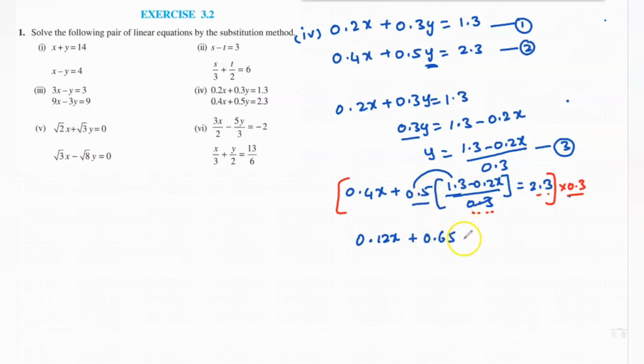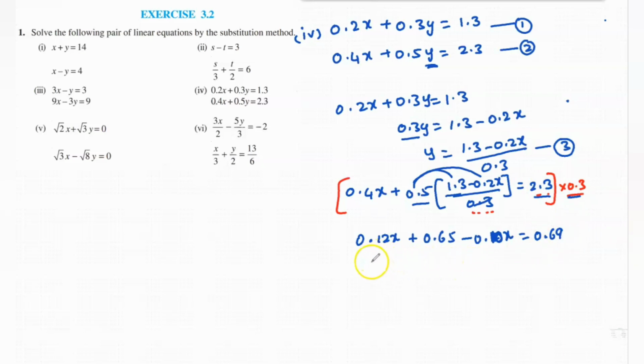So 0.65 minus 0.5 multiplied with 0.2x, which gives you 0.10x. 5 2s are 10, so 0.10x, which is equal to 2.3 multiplied by 0.3. So you will get 0.69. 23 into 3 is 69, so 0.69.